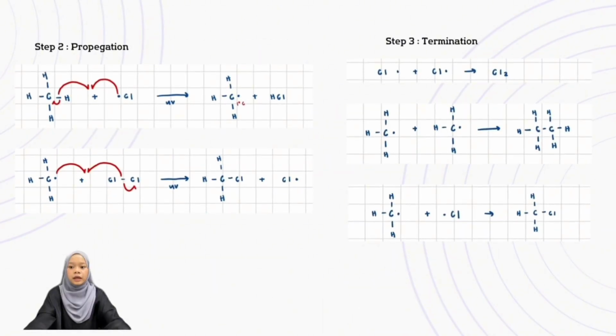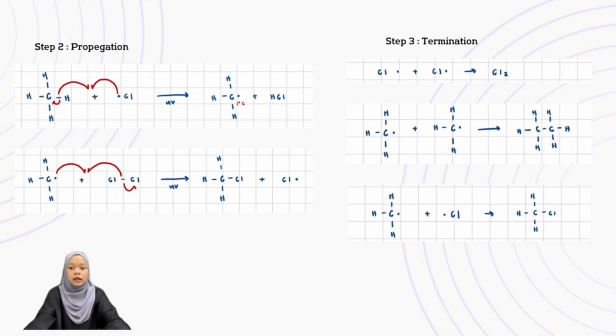Next, for the propagation step, since the chlorine radicals are extremely reactive, they collide with the methane molecules around them and abstract one of their hydrogen atoms. Since the CH covalent bond consists of two shared electrons, an electron from the hydrogen will join the unpaired electron of the chlorine radical to form a stable covalent HCl bond.